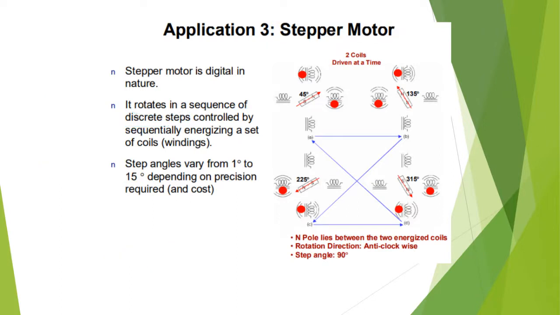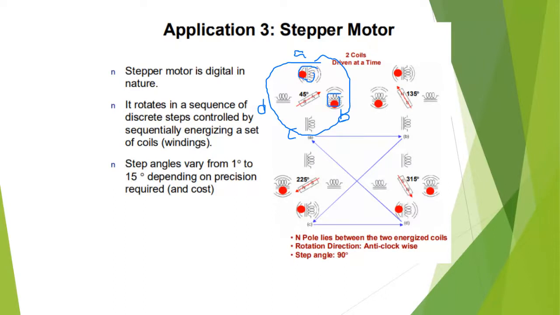If you look here, for example, it is a four phase system, or 4 coils. This is for example A, this is B, this is C, and this is D. A complete rotation is 360 degree. Now for example, A and B both are active.